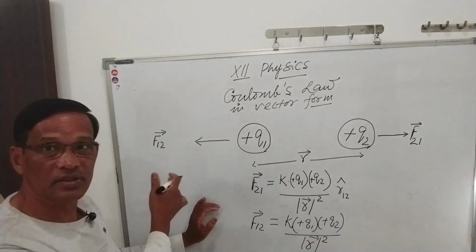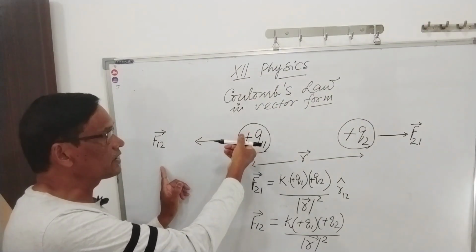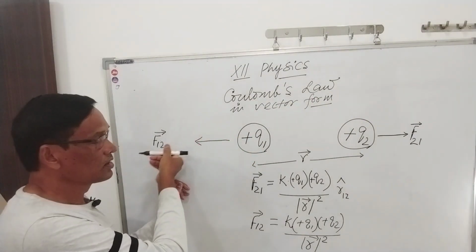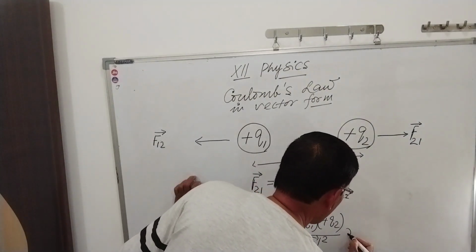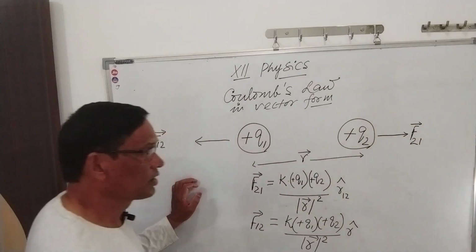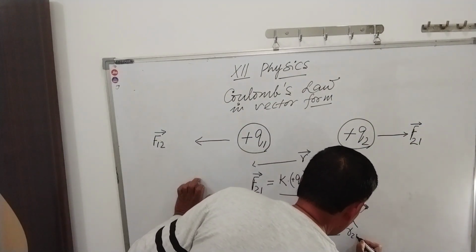Which direction? The force on 1 due to 2 is acting in this direction. So you will get this as r unit cap with direction 2 to 1.